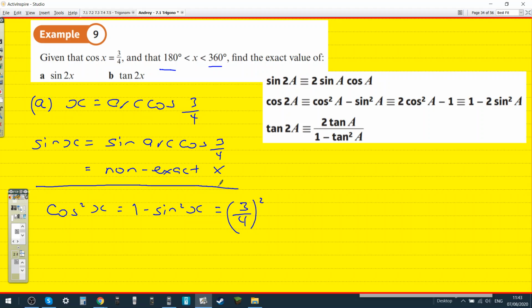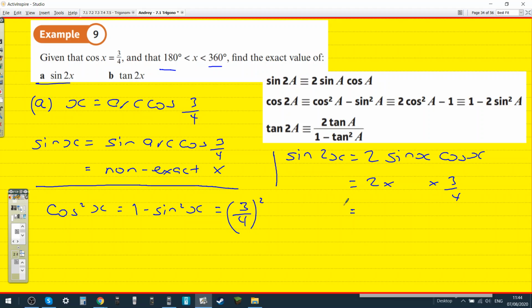Let's just sanity check. What is sine 2x the same as? 2 sine x times cos x. Cos x is exactly 3/4, so all we need is exactly what sine x is, and then we'll have an exact value.